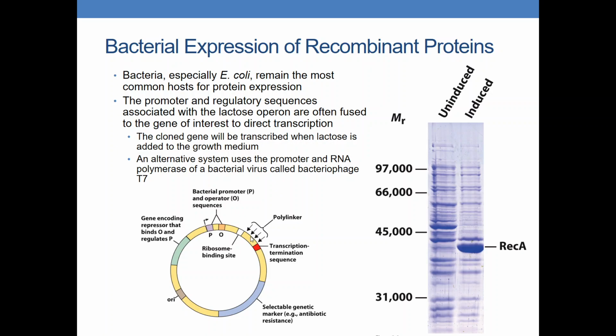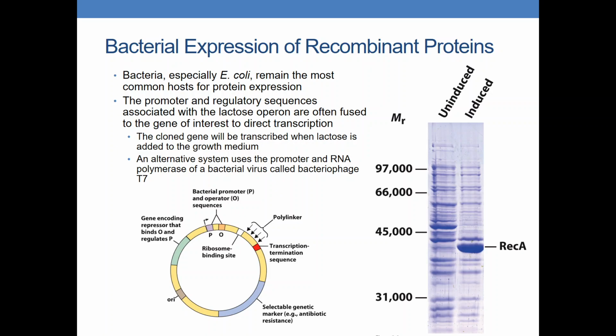So basically I have built-in features that allow me to turn on expression of my protein via control of the accessibility of my operator and promoter. Now, this is controlled in most cases by the presence of lactose.